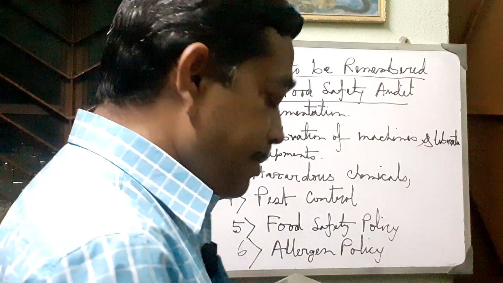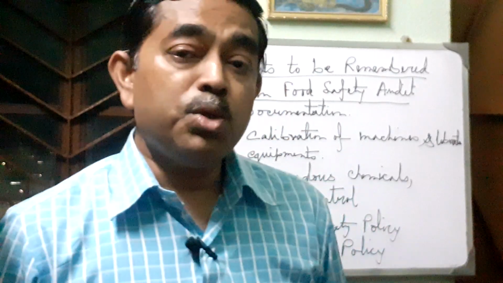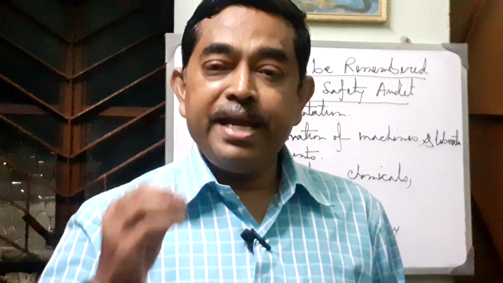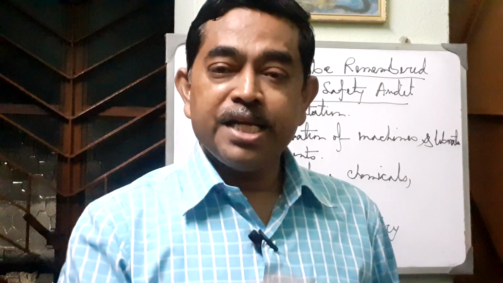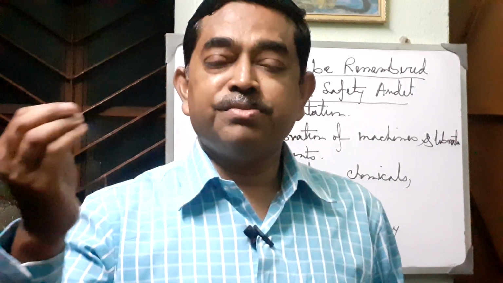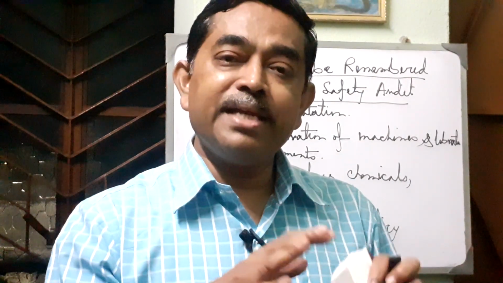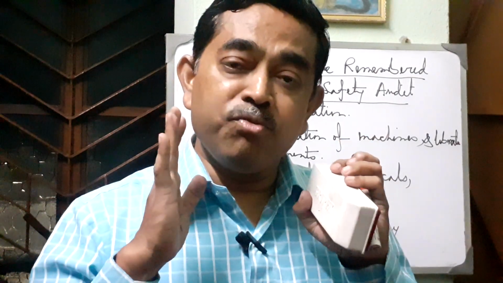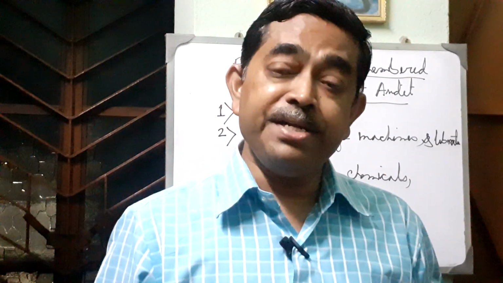Allergen policy mainly concerns allergens. There are 8 major allergens identified, like milk, egg, fish, shellfish, crustaceans, nuts, wheat, and soybeans. These 8 major allergen food materials have been identified.